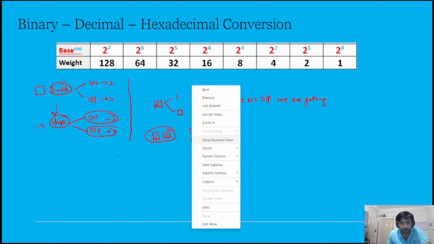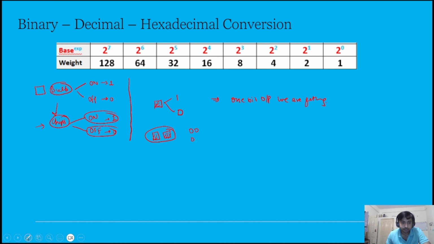just a sec, I'll erase this because it should be 1. Yes, if both are on, that means 1 1. If only one is on, then it is one on. So we have four possibilities here. If we are using two chips, we have four possibilities.